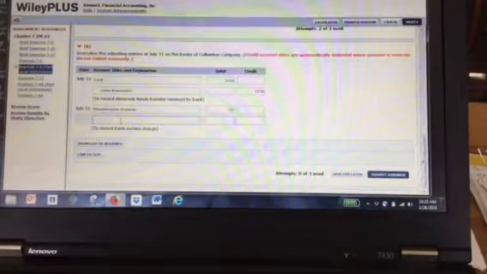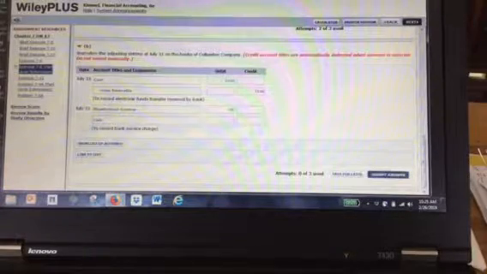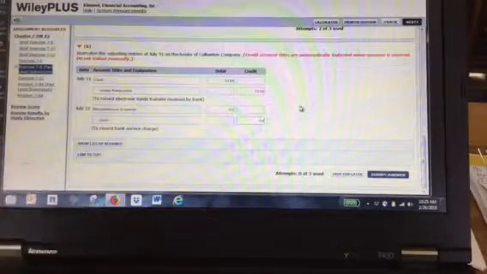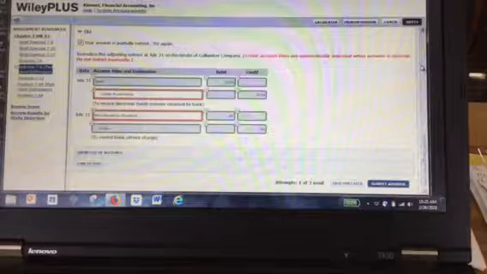And then to get that to balance out, we need to put that in as cash on the credit side for $42. And that should be exactly what we need to do.